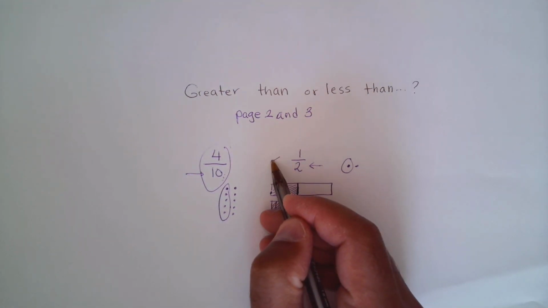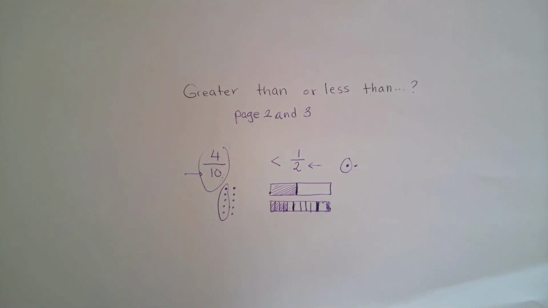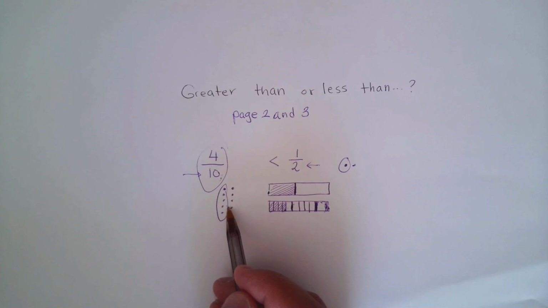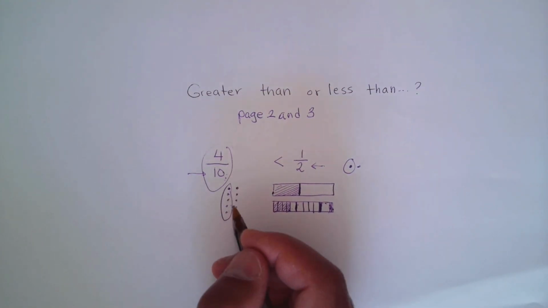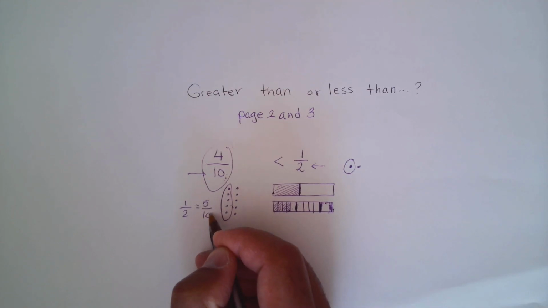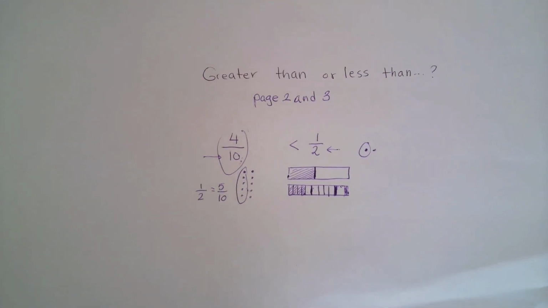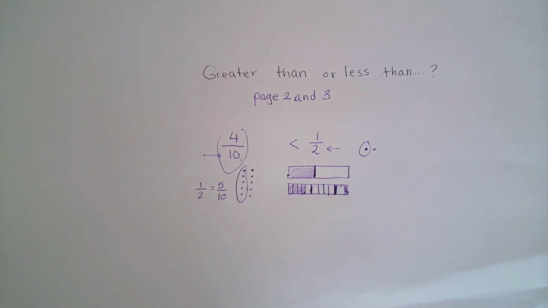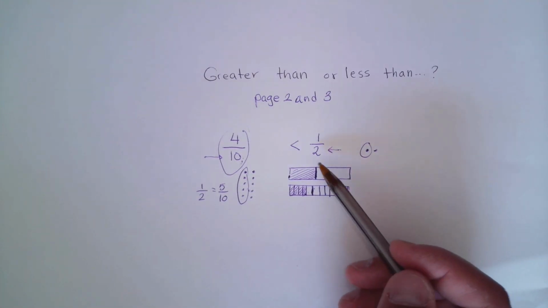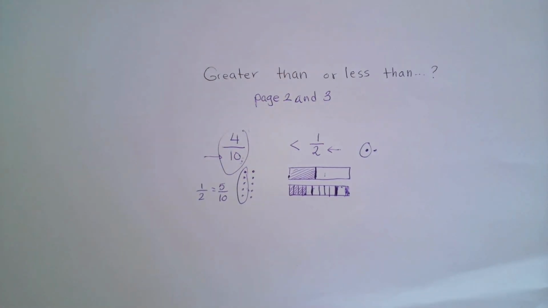Of course, half is bigger than 4/10 because 4/10 didn't even make it to half. Half of 10 is 5/10, right? So here we use the benchmark half to compare which fraction is bigger, which fraction is smaller, okay?